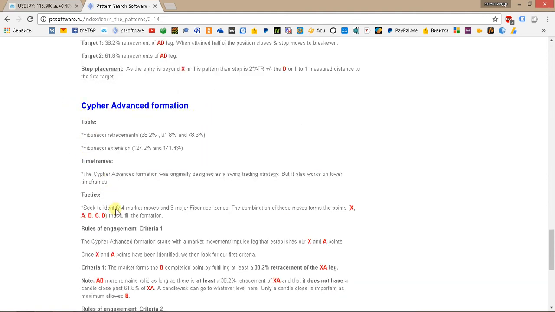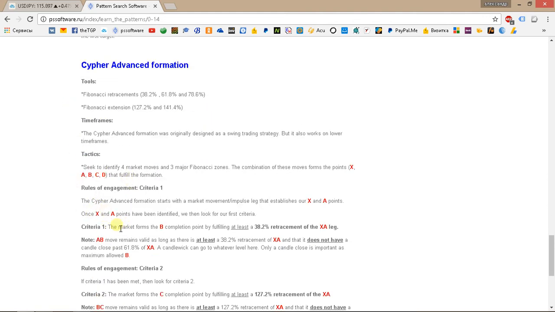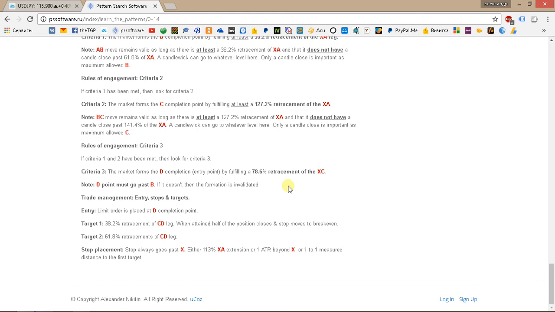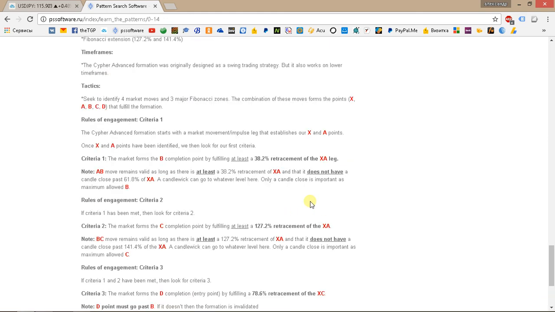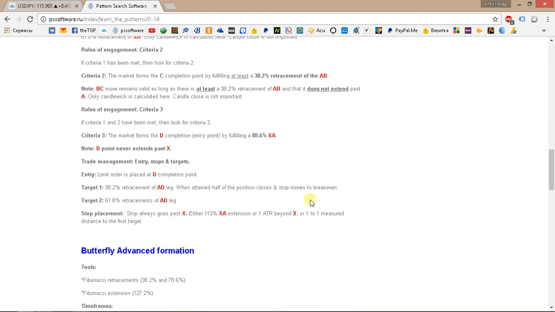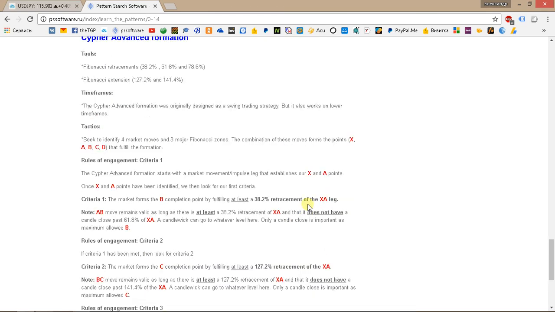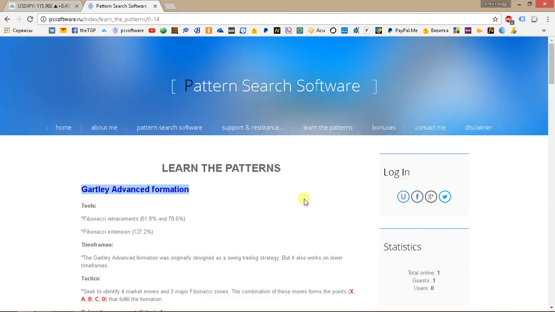The cipher pattern is here. The B point should be 382 retracement of XA, and it does not have a candle close past 61A. You will see all those rules that I just explained to you about that cipher pattern.